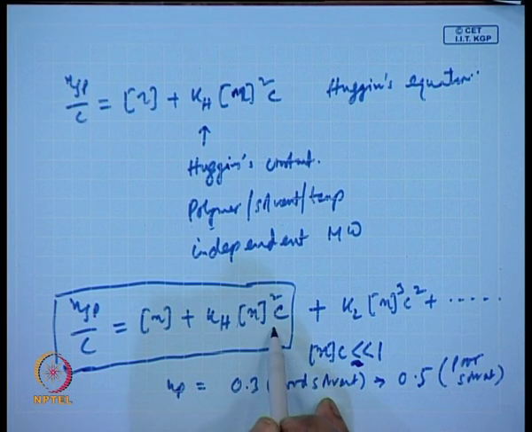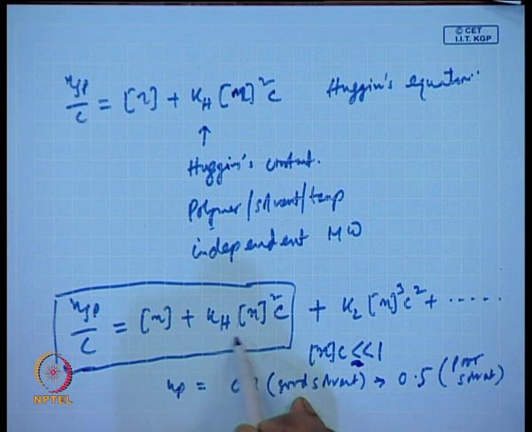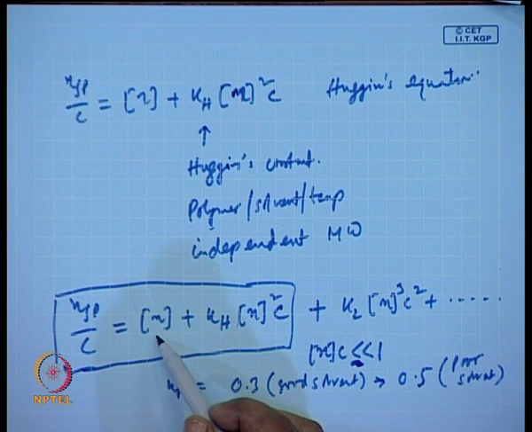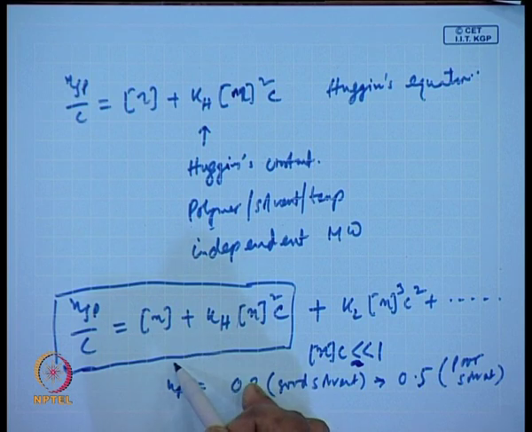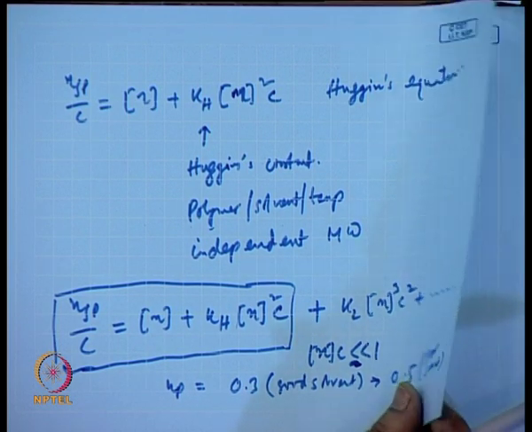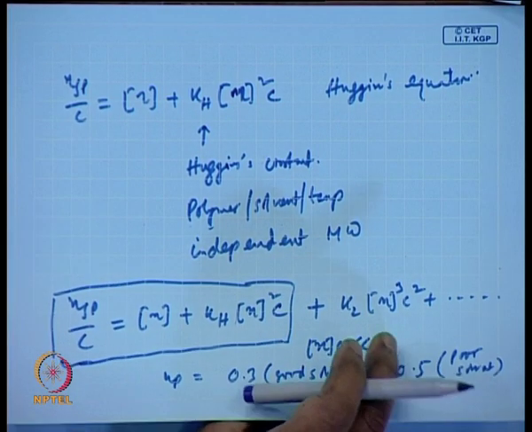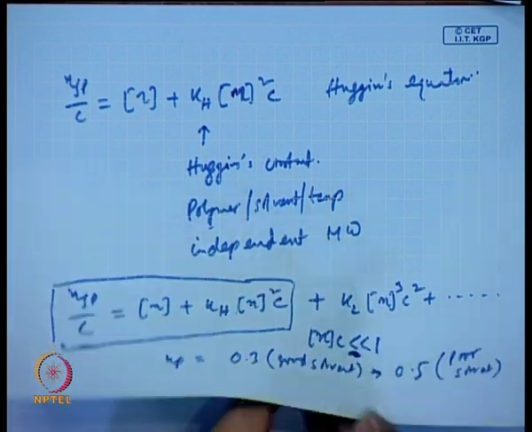C should not be very high, so the solution remains dilute. Then you can get the intrinsic viscosity from the intercept, and if you know Kh, you can get the expression. You can get the value of molecular weight directly.